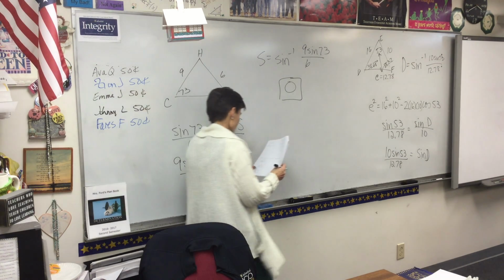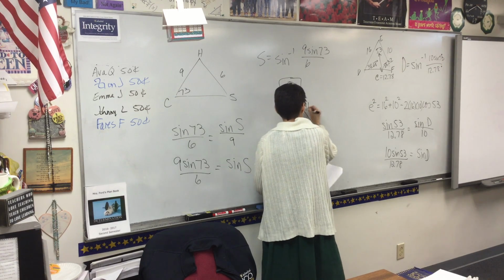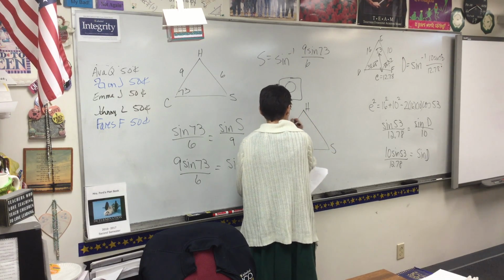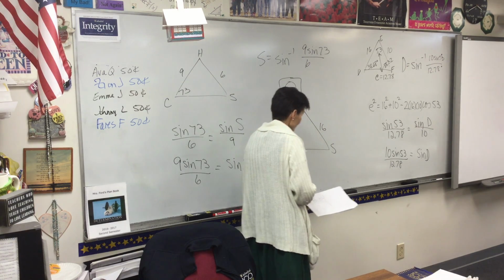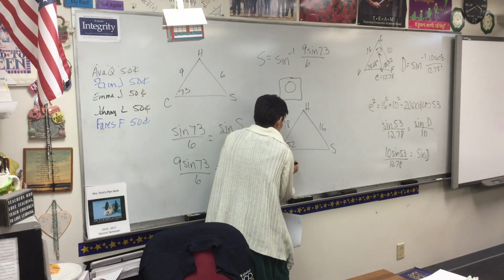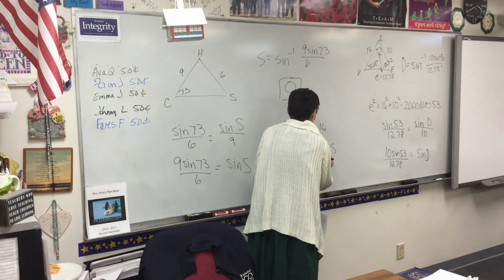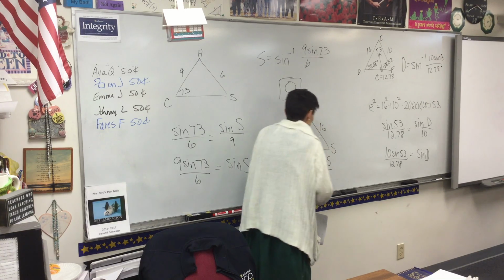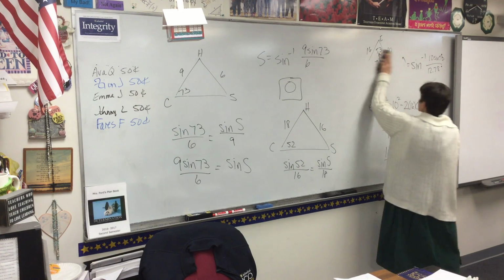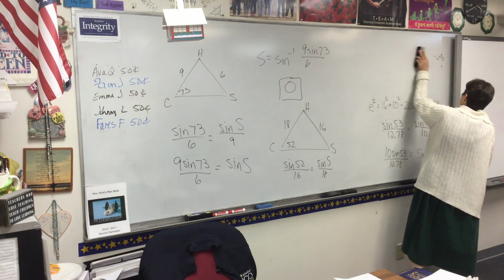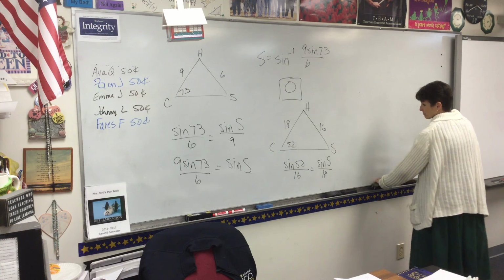All right, what about the next one? Are we going to do exactly the same thing? Yes, we are. So sine 52 over 16 equals sine S over 18. So we are doing exactly the same thing that we just did.